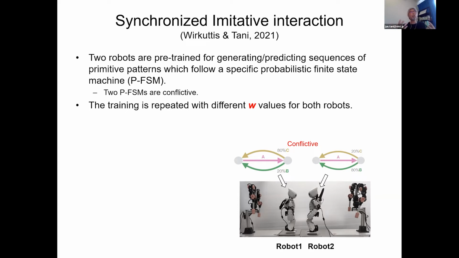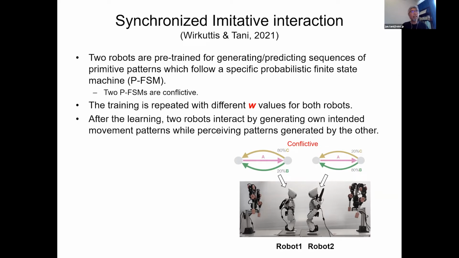In this experiment, training is repeated with different W values, like I have shown in the earlier question. Then after the learning, the two robots interact by generating their intended movement pattern while perceiving the pattern generated by the other, based on prediction. Each is always predicting what my next movement will be as well as what my next observation will be.